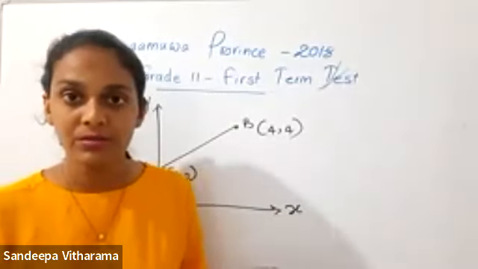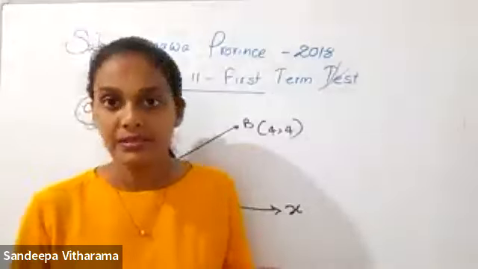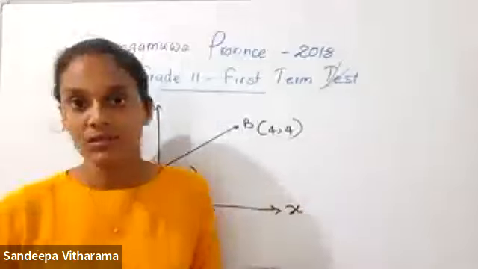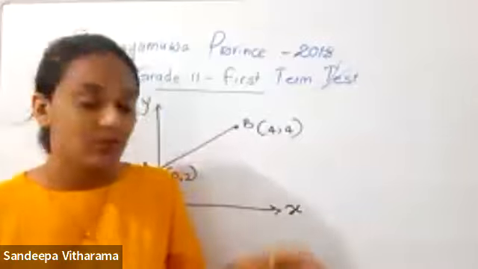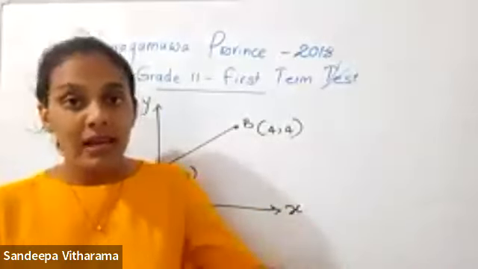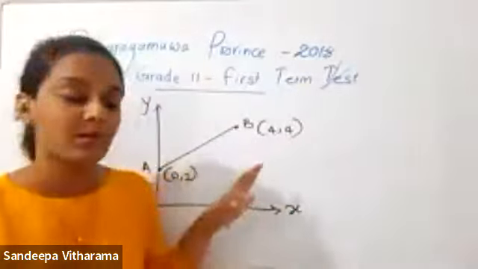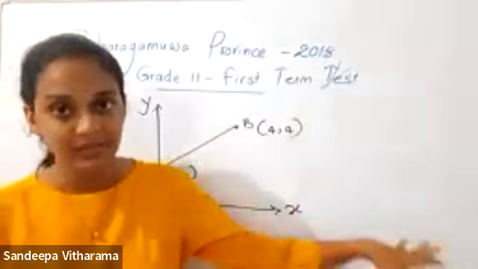Then you have to find the gradient and intercept and include them in the equation y equals to mx plus c. At other times you are asked to find the gradient and the intercept. Then also you have to find the gradient and intercept.